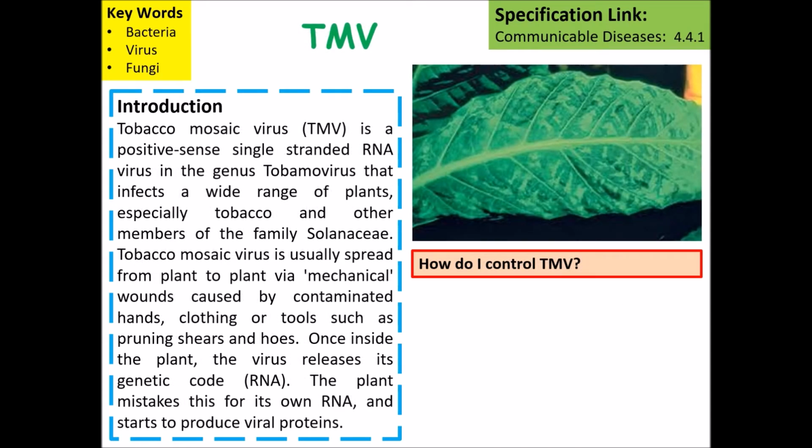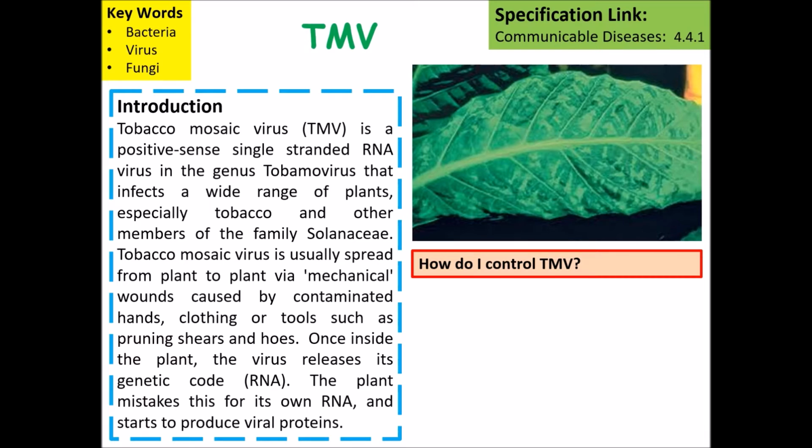The next disease that we want to look at is tobacco mosaic virus. Tobacco mosaic virus is a single-stranded RNA virus that infects a wide range of plants, but especially tobacco. It was in tobacco where it was first seen.